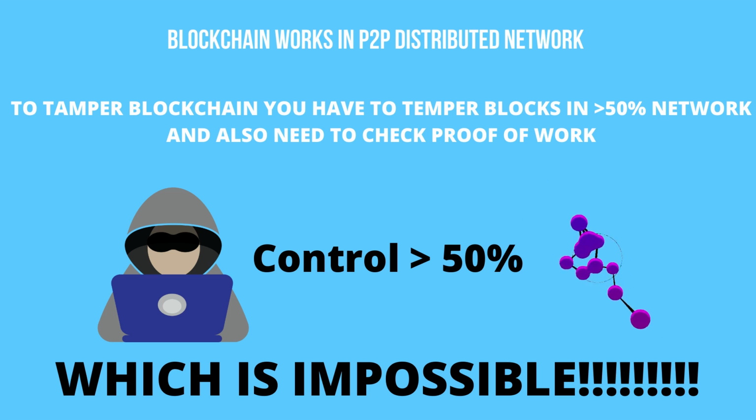If one node does not have the same value, then it will be bypassed, or neglected. This is the scenario of how the blockchain works. It's nearly impossible to control more than 50% of the entire distributed network, and that's why the blockchain is more tamper proof and more secure.